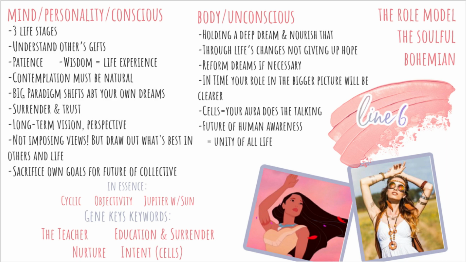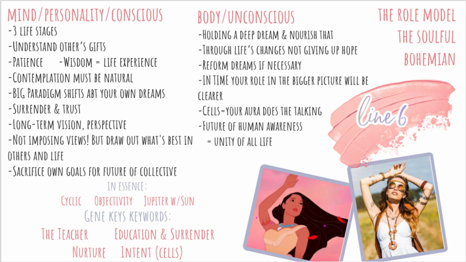But they have to not give up hope, because these reformations are for the betterment of the collective. It's not going to be about yourself and your own agenda. It's going to be about the collective and the future, the progress of humanity. In time, your role in the bigger picture is going to be clearer. You will know what you're really here for with regards to the bigger scope of things.